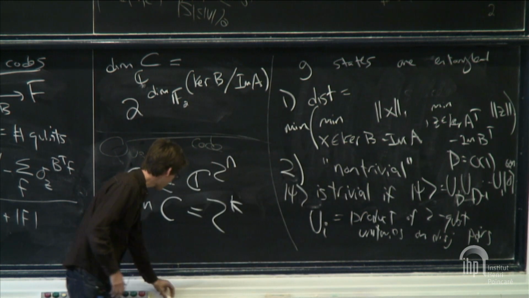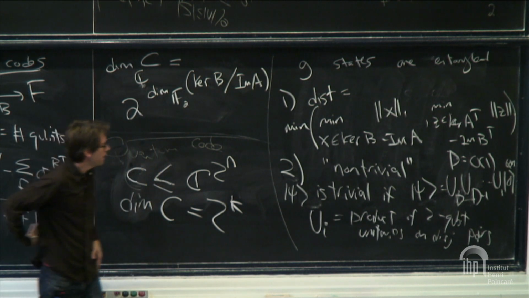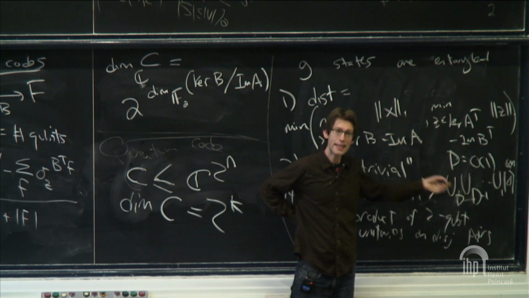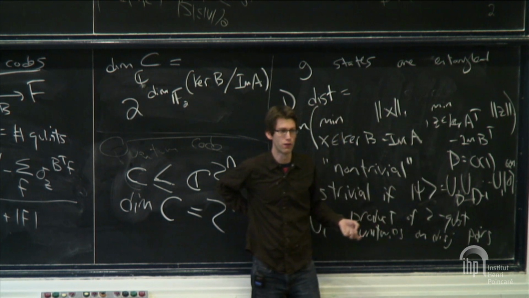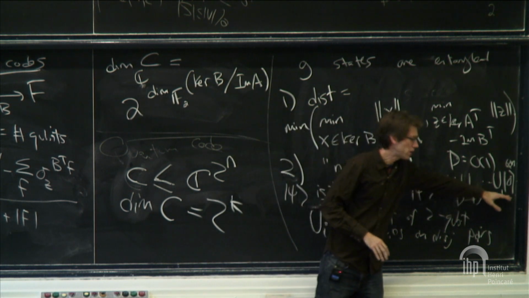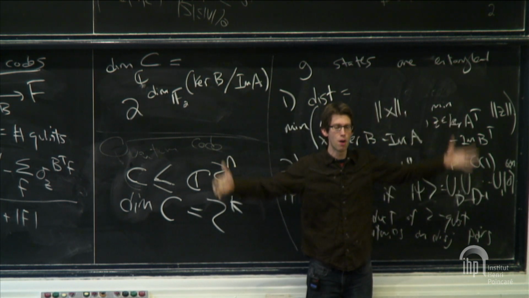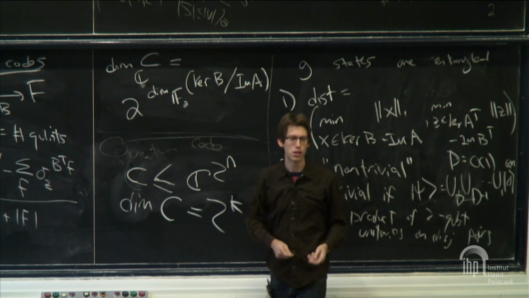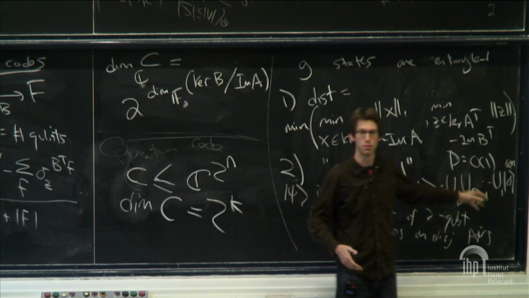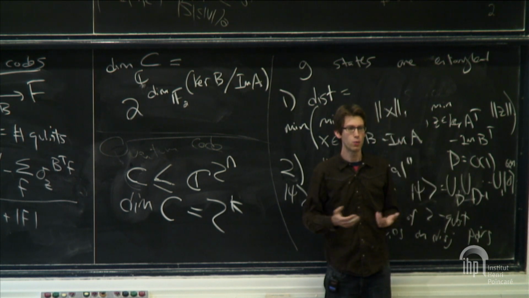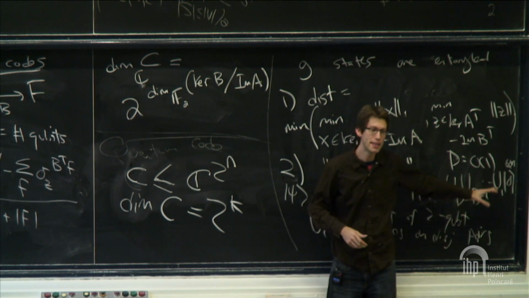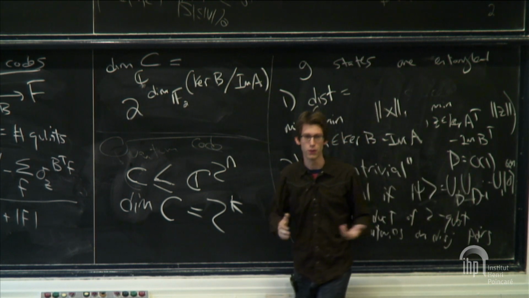The reason for this is that if you have a trivial state, it's computationally easy to estimate local observables. If I want any observable on a few sites, applying this constant depth circuit doesn't blow up the locality by that much. So on a classical computer, I can efficiently estimate the value of that local observable. So if you want something which is going to be hard for classical computers to estimate the energy of, you need things that are not trivial states.